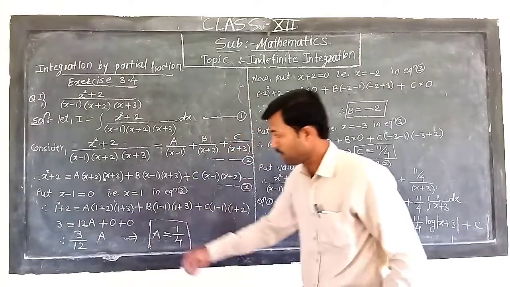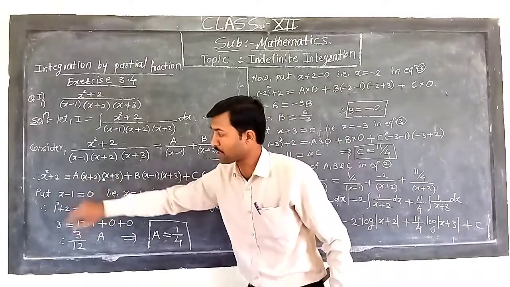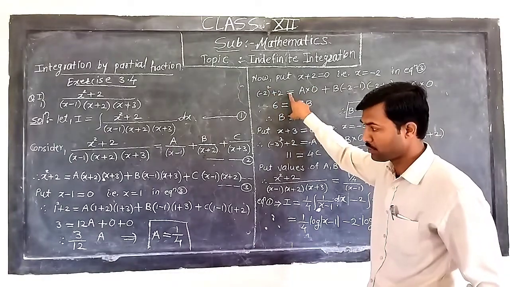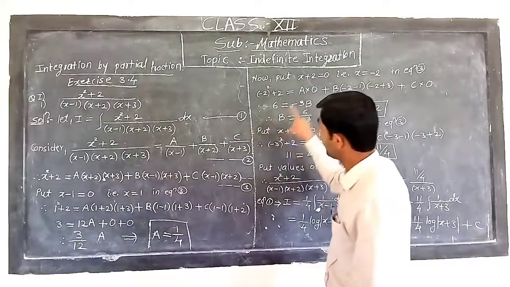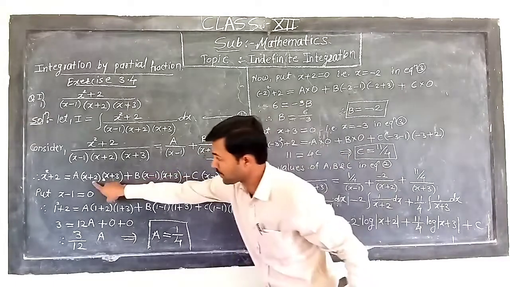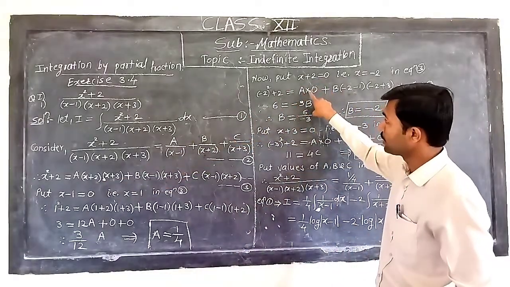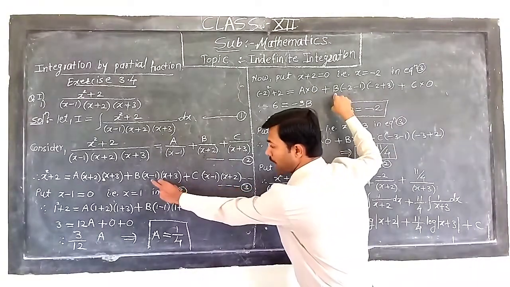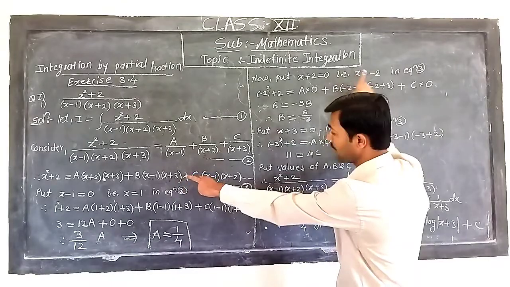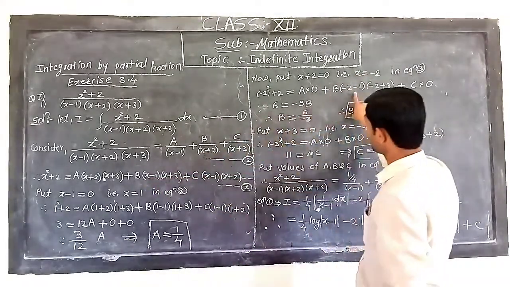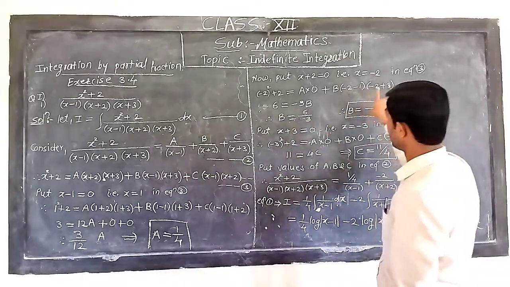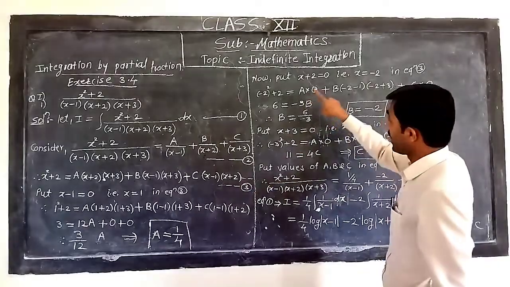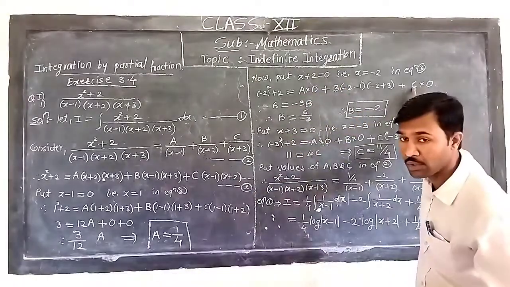Then equation 3 becomes minus 2 square plus 2 equals a into, here is the term x plus 2, but now x plus 2 is 0, so it is multiplied by 0, plus b into x minus 1 into x plus 3, but the value of x is minus 2, so minus 2 minus 1 into minus 2 plus 3, plus c into, here is the term x plus 2, and x plus 2 is 0, so c into 0.